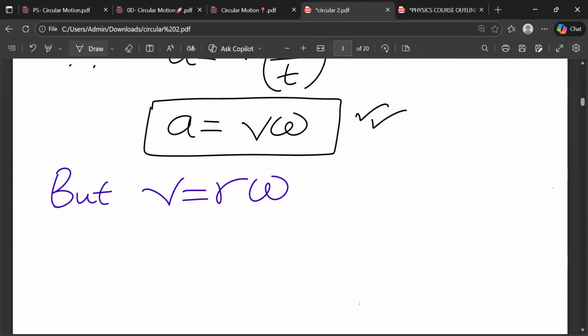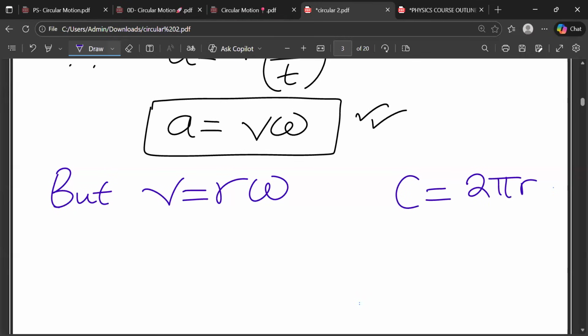Someone may be like, I've already forgotten that. How does it even come about? You people, you're not supposed to forget. You recall that circumference is 2 pi r. In case it is not circumference, it can be any displacement.